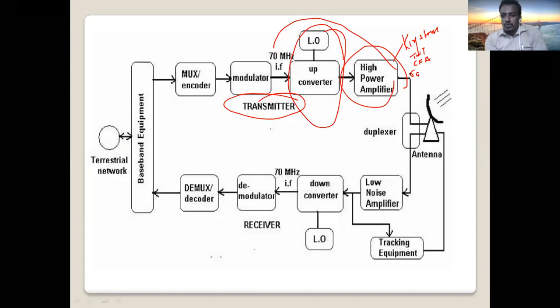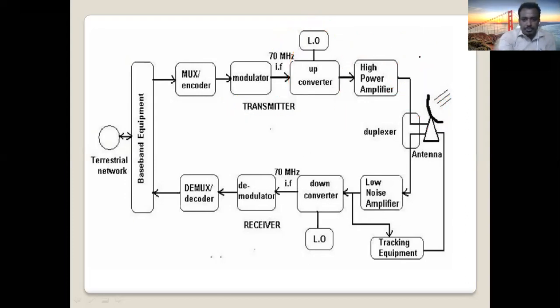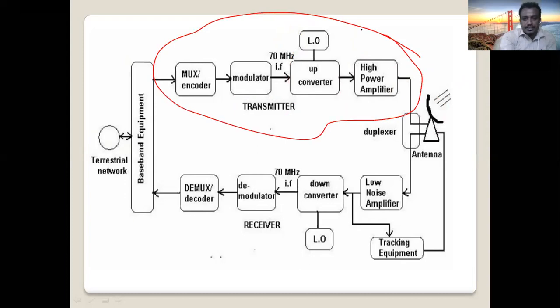Previously magnetron was also used, but nowadays this type of high power amplifiers are used. Then here we have a high frequency, high power modulated signal, which will be converted into electromagnetic radiation by the antenna system and transmitted to the orbit. That is the transmitter subsystem of the earth station. Okay, the first part, the transmitter section.